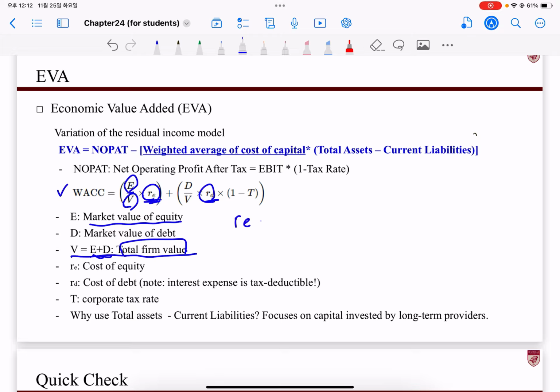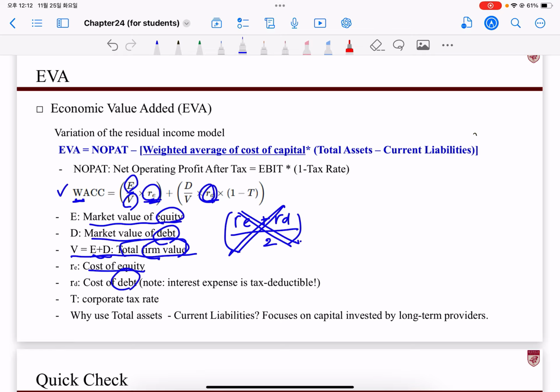But if we only do RE plus RD over half, then we are not taking into consideration how much of the firm value is coming from the equity holder and how much is coming from debt holders. So instead of doing this equal weighted average, we want to do the weighted average based on the market value of equity and market value of debt. Okay, so it's basically the market value of equity over the firm value times the cost of equity plus the market value of debt over the total firm value times the cost of debt.